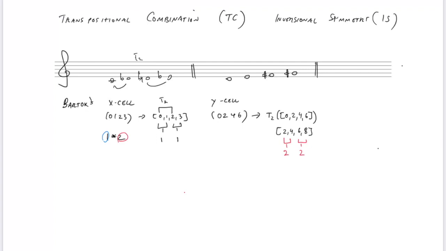And they are transposed, so these are together, and then those are transposed by T4, because from 2 to 6 is 4. So this is T4, and that's a transpositional combination. You can also write this one as 2 asterisk 4, and that's how you would describe this one.